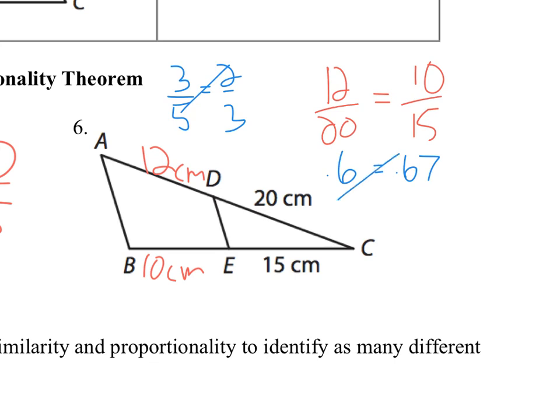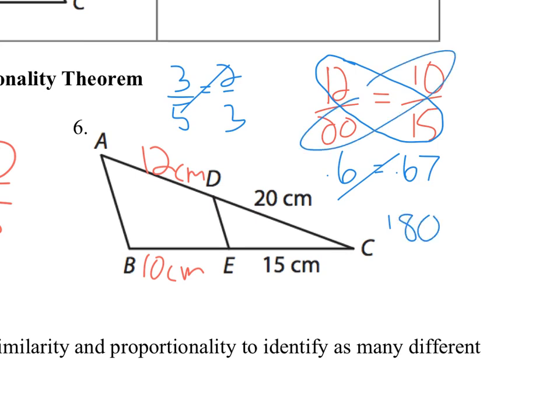And the other way is what we've been doing to solve. We can cross multiply. 12 times 15 is 180. 20 times 10 is 200. Is 180 equal to 200? No. So then we would state that DE is not parallel to AB.